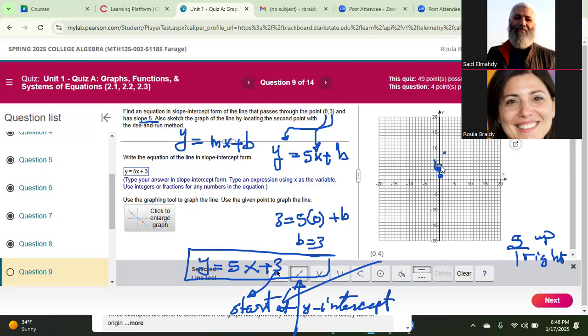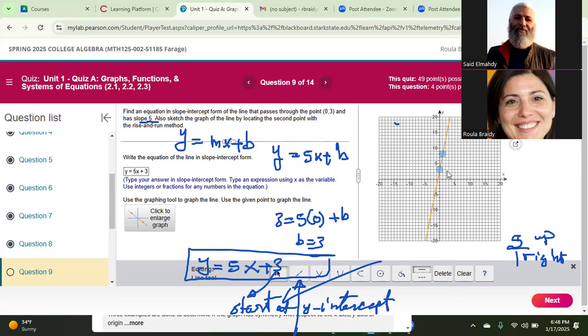So the y-intercept is at 3. This is a point. From this point, go to the right only 1 unit and 5 up. So here it will be (1, 8).